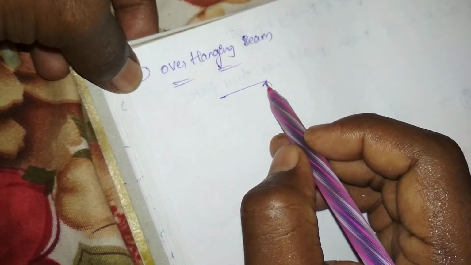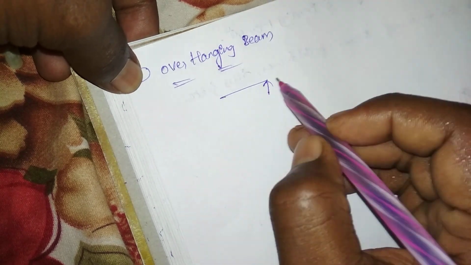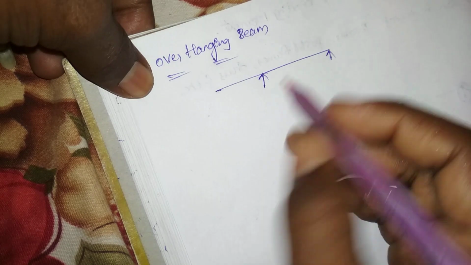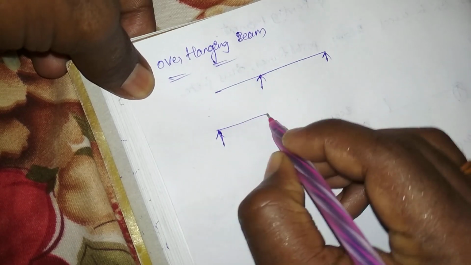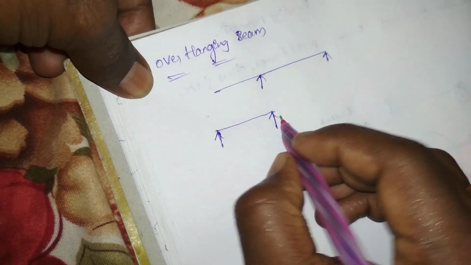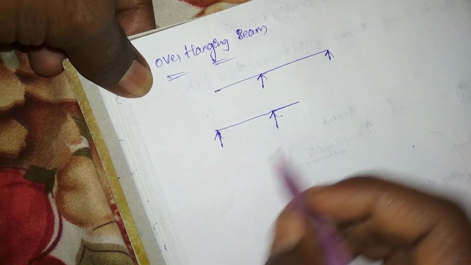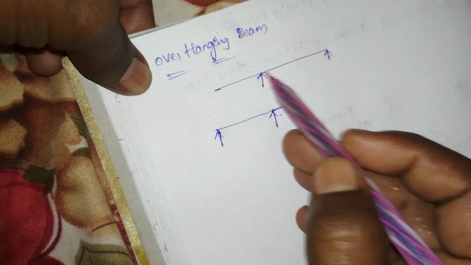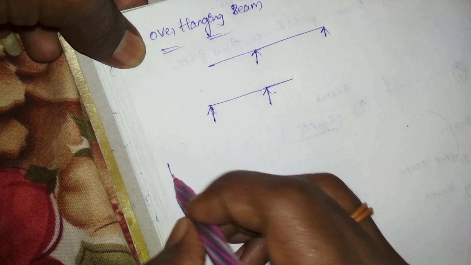If this is beyond the support, then this is called overhanging. This is single overhanging, or it can also be like this, with the two supports fixed and overhangs on the right side and the left side. These are two types.